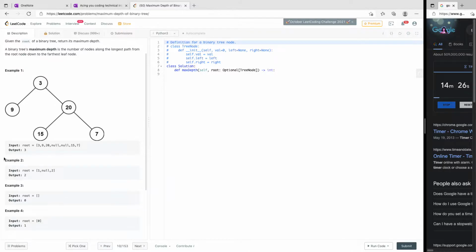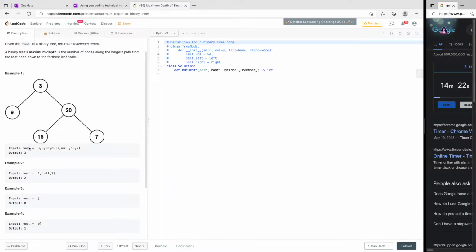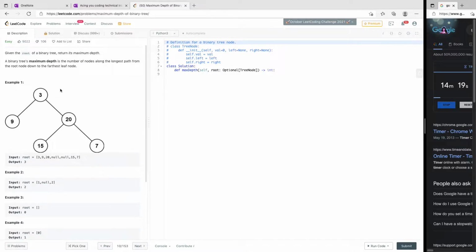So let's see an example. We're counting the number of nodes on the longest path from the root to the farthest leaf. Here, this is the root. This is the farthest leaf node, either this or this.